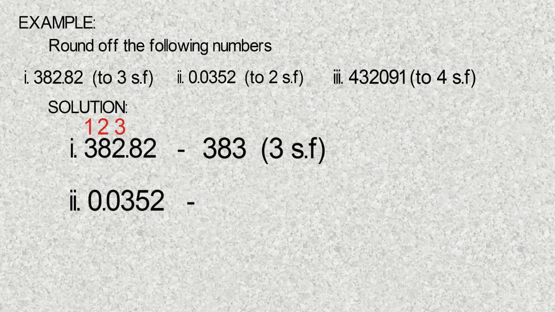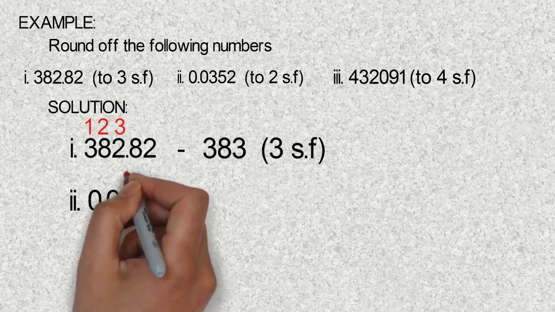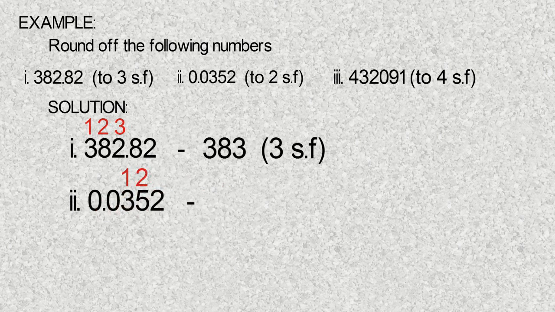So here we won't consider the zeros because they are not significant, they are insignificant figures. So our significant figure starts from 3. To count out to 2 significant figure now, I start from 3. So I have 1, 2. So my 5 is the second significant figure.